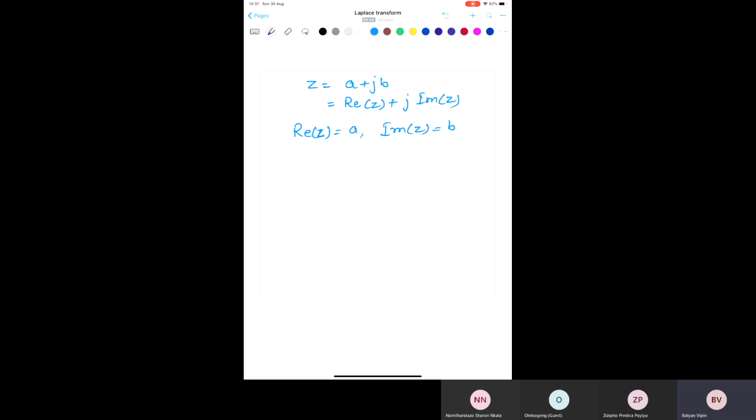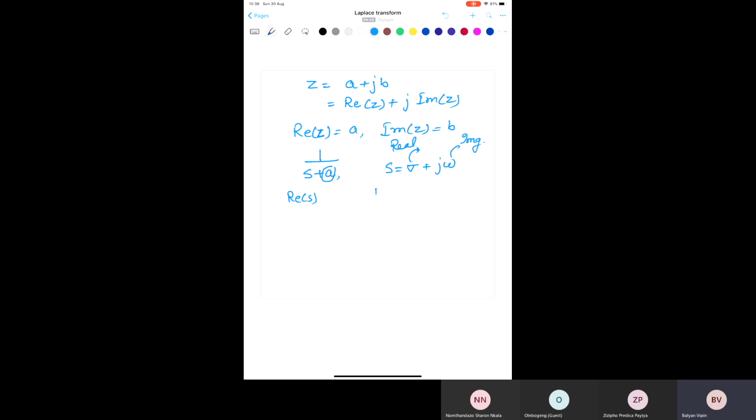In a similar way, when we have something like s plus a, you can say that real of s is this a. The real part of this is this. I told you s is equal to sigma plus j omega, so this damping factor is your real part and this is your imaginary part.